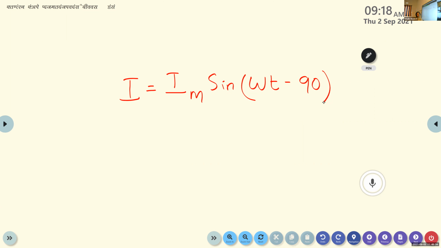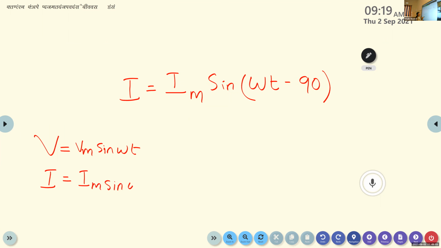So can you say here, what about the phase? Are the current and the alternating source of EMF in the same phase? In the case of a resistor, we get the voltage V is equal to Vm sin omega t and the current I is equal to Im sin omega t.